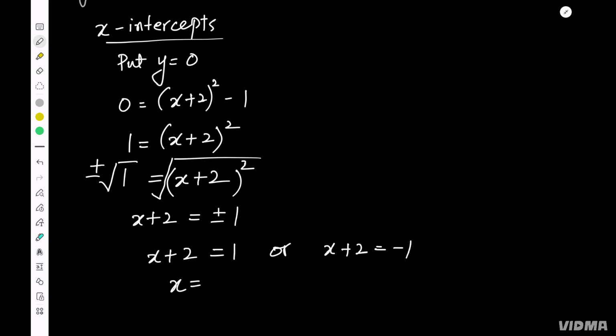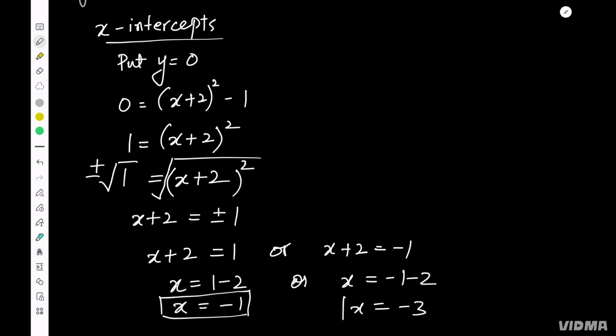So we are getting two values of x. One is minus 1 and the other one is minus 3. So it means that our graph, our parabola, is passing through the x-axis through these 2 points, x is equal to minus 1 and x is equal to minus 3.